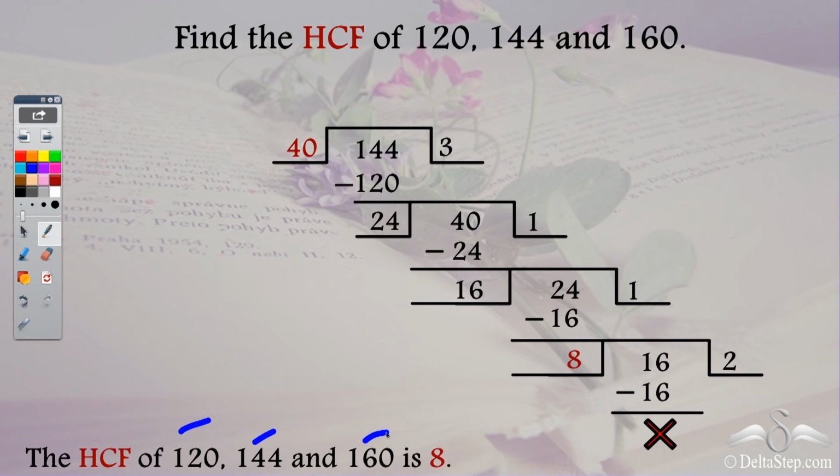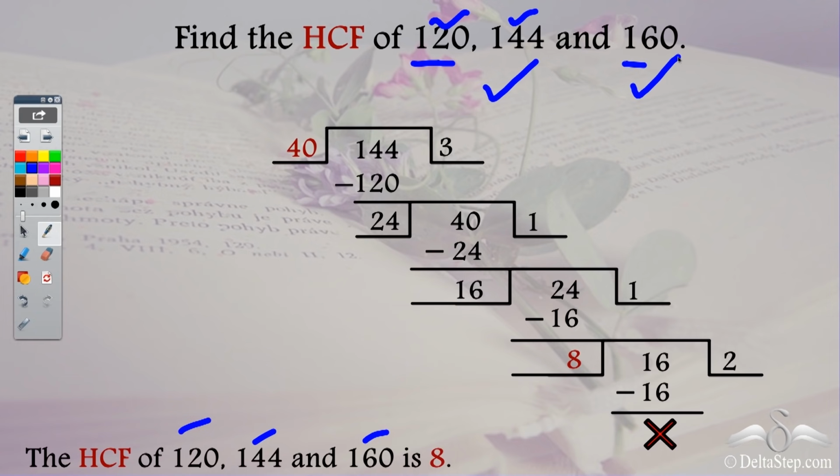So when we need to find the HCF of three numbers using the long division method, we can first take any two numbers. So in this case, we took 120 and 160. But you could also have taken 120 and 144 or 144 and 160. You could have taken any two numbers. First, take any two numbers, find their HCF, and then using their HCF and the third number, find HCF again.